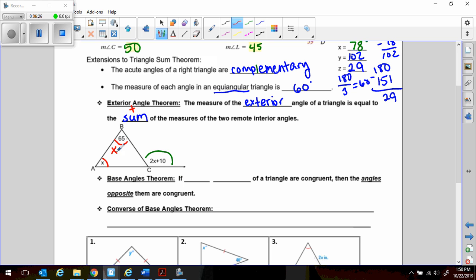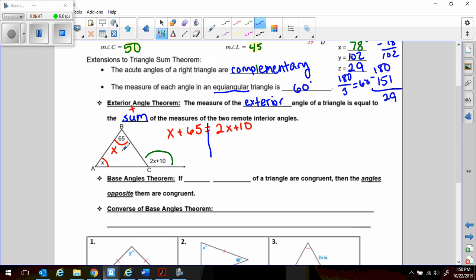Sum means add. So we would do x plus 65. The sum of these is equal to this exterior angle, which is 2x plus 10. If we have x's on both sides of the equal sign, we pick the side that has the bigger x's, which is the right-hand side for this one.